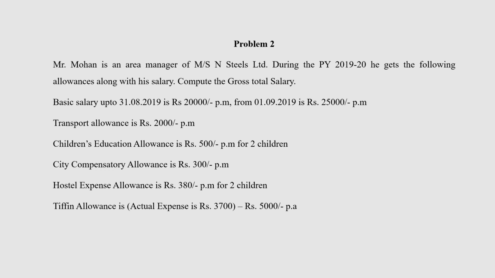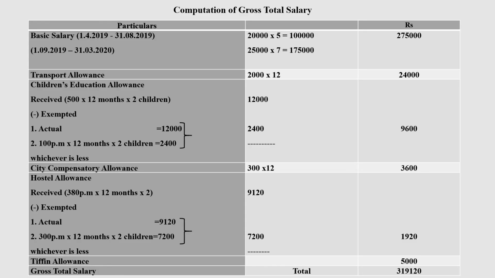Okay, coming to the computation of gross total salary. So like the previous sum, open up 3 columns. So first off, we'll start with the basic salary. In this sum, they have given us that the basic salary till 31st of August is 20,000. So our previous year starts from 1st of April. So we will calculate it from 1st of April, May, June, July, August. For 5 months, he is receiving 20,000 as his salary.